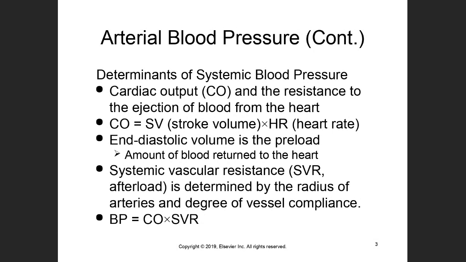Okay, and the diastolic volume is the preload, the amount of blood returning to the heart. That's the preload, the amount of blood that is in the heart before we start the systolic.